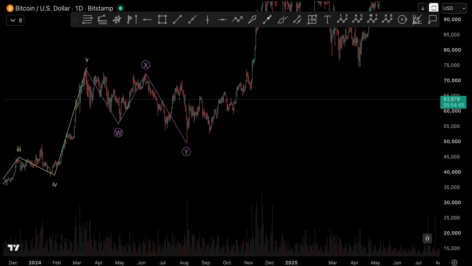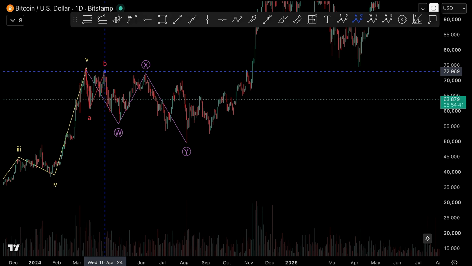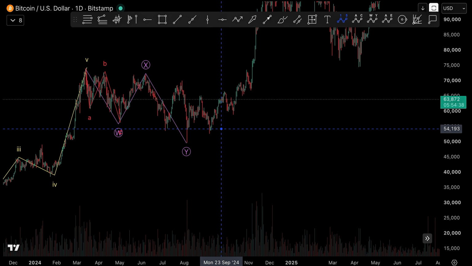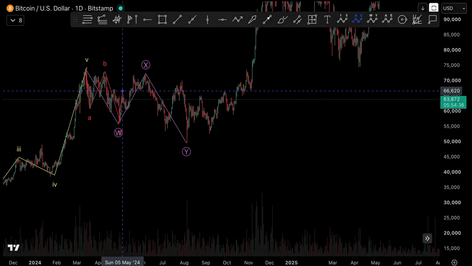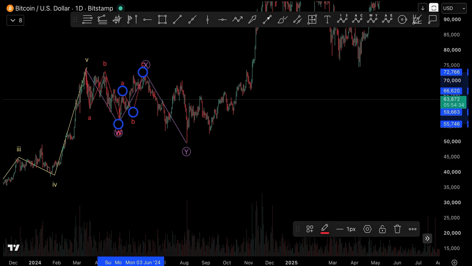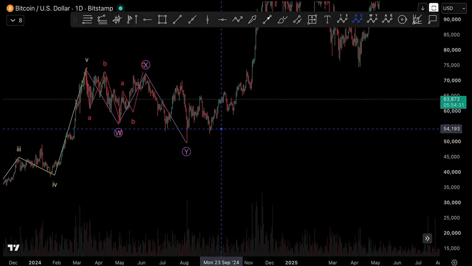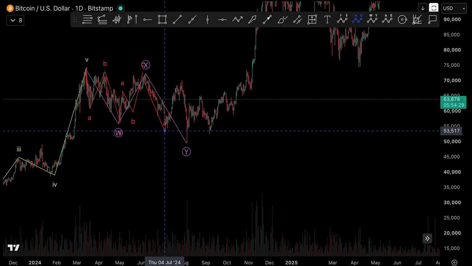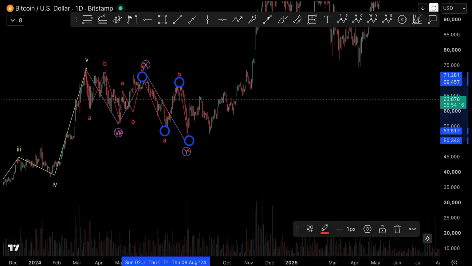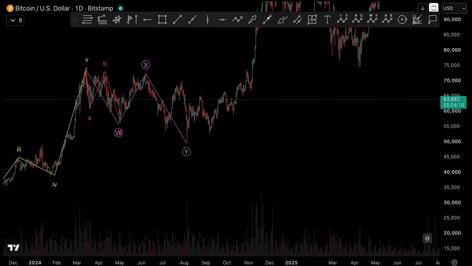If you want to see the inner structure over here, that is A, B, C, and then again A, B, C, and then again one more larger A, B, C. So that is a complete WXY correction there. The inner waves I have also drawn for you.